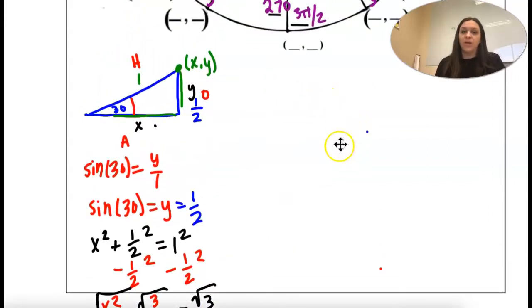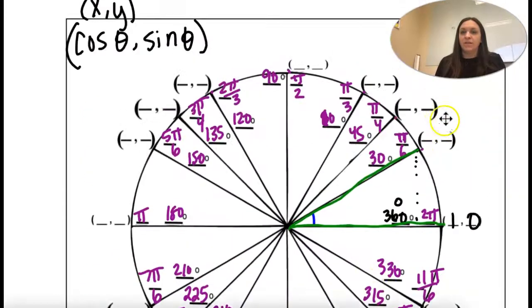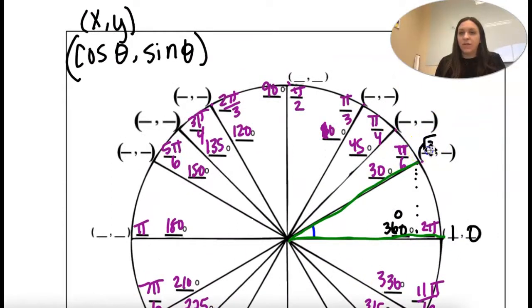So this point is square root of 3 over 2 and 1/2, x y. And then we would make a triangle for 2 pi over 4, and we would make a triangle for 3 pi over 4. And this point is 0, 1.